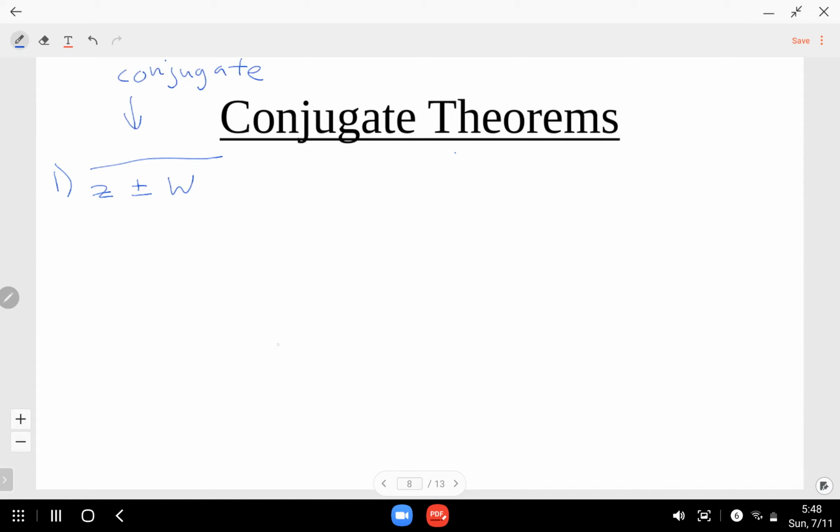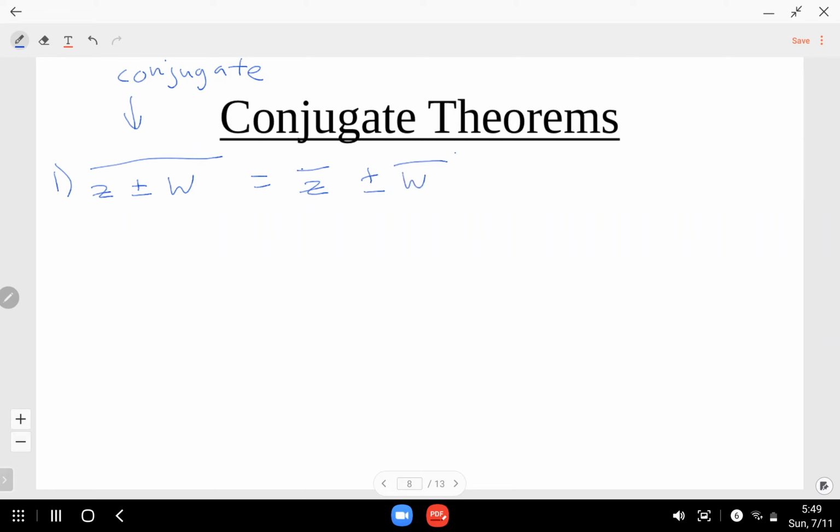But let's say you have 5.6 bar, that's just a repeating decimal. With decimals, it's repeating; with variables, it's conjugate. So basically the conjugate of z plus or minus w is the conjugate of z plus or minus the conjugate of w.